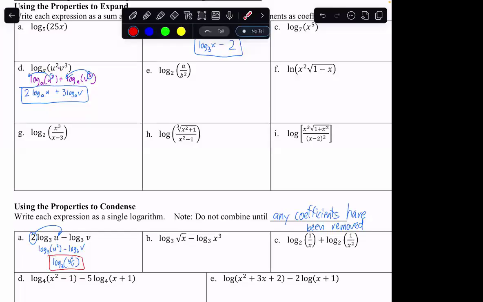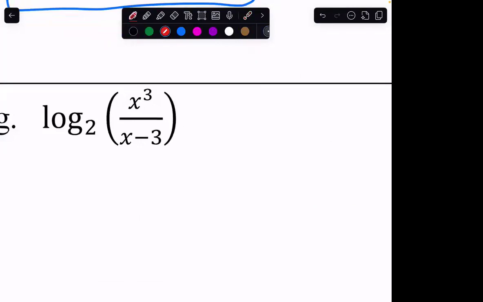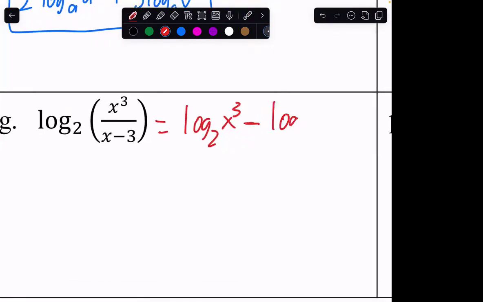So one thing to be careful of, if we look at like part G over here of the top section. So you start like normal. The fraction bar means divide, so you can rewrite it as subtraction. So if you write it like this, it would be incorrect because the entire x minus 3 needs to be in the argument.